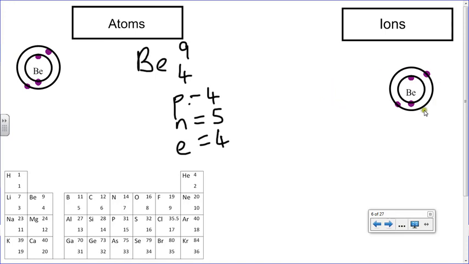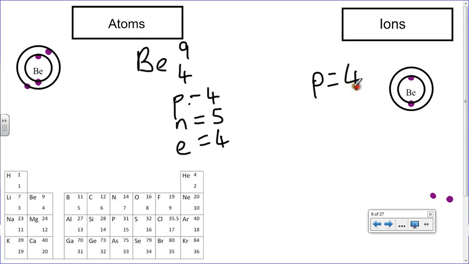It could gain 6 here to get a full outer shell, or it would be much easier just to lose 2 electrons. So there we go, beryllium has achieved a full outer shell. It is stable. Let's write down the details of what's inside beryllium.